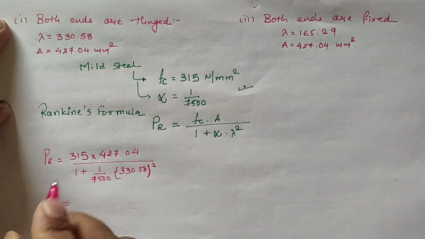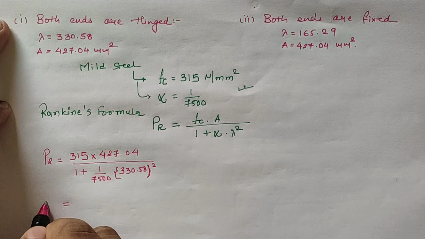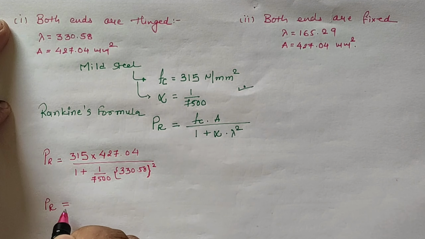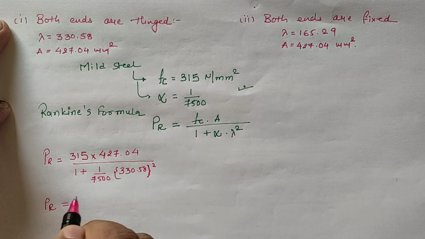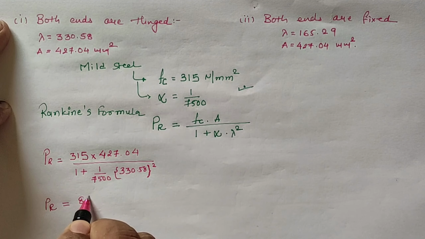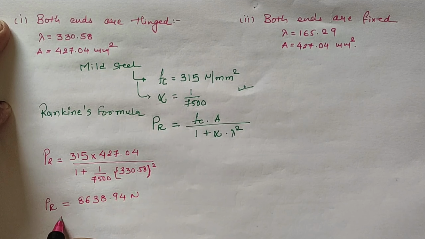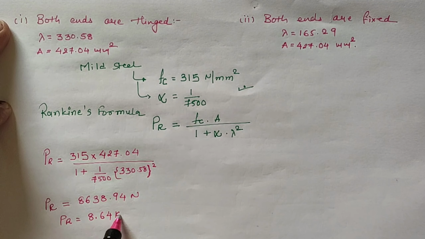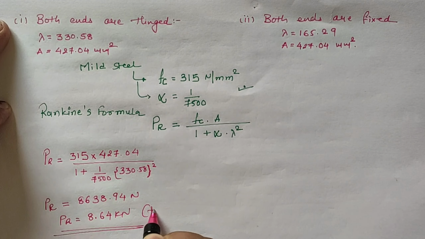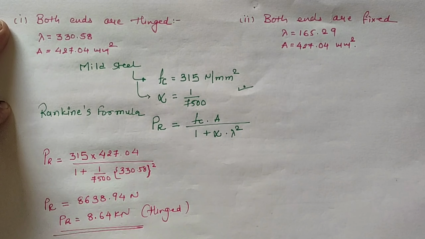Now solving this term, we will have the value for crushing load or collapse load PR, which is equal to 8638.94 Newton. So in terms of kilonewton, it is 8.64 kilonewton for both ends hinged condition.